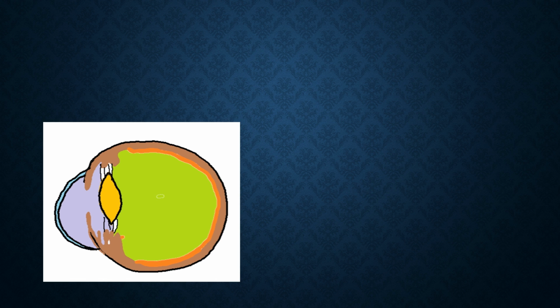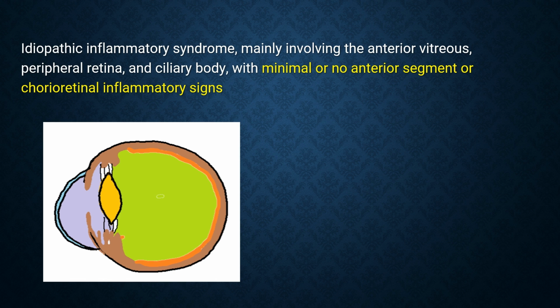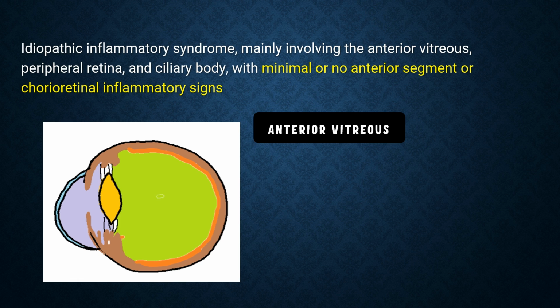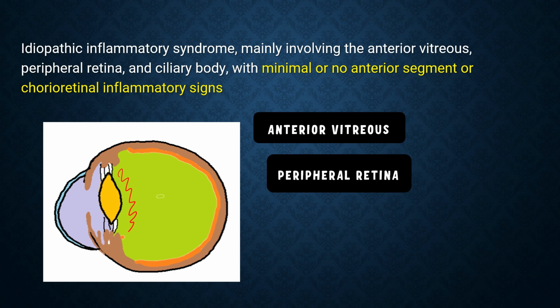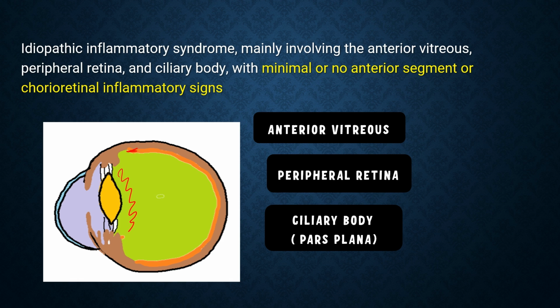The IUSG defined intermediate uveitis as an inflammatory syndrome mainly involving the anterior vitreous, the peripheral retina, here drawn in orange color, and the ciliary body, basically the pars plana. So these three parts, according to the IUSG, are affected in intermediate uveitis.